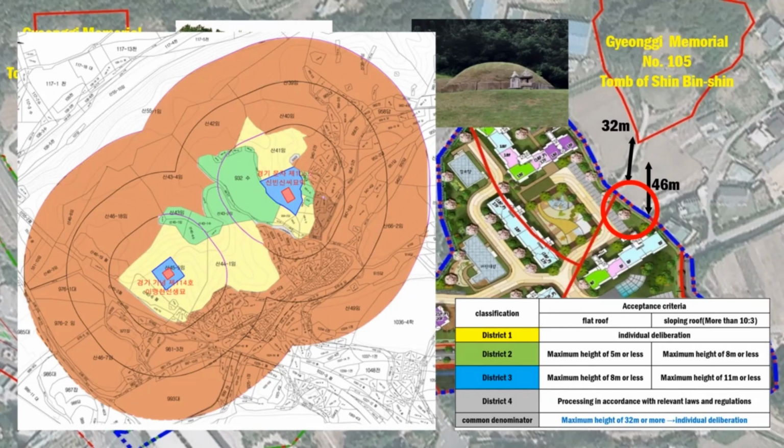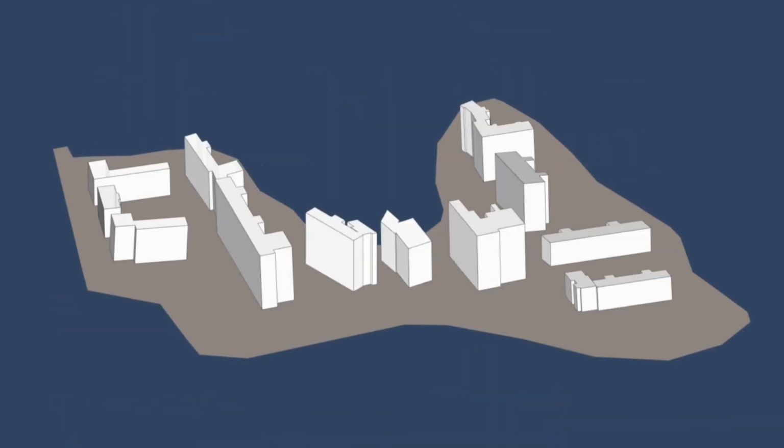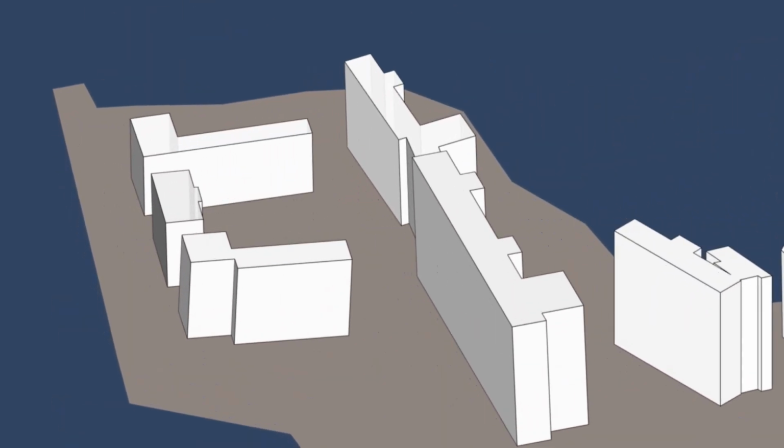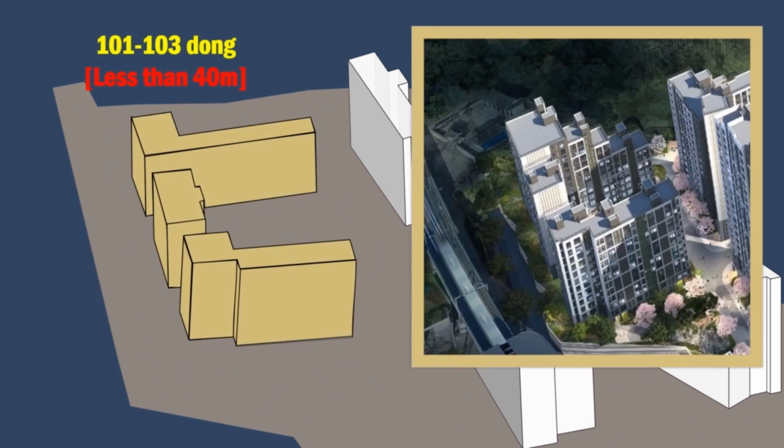All apartments located in District 4 will be handled in accordance with relevant laws and regulations such as the Namyangju City Urban Planning Ordinance, and buildings with maximum height more than 32 meters will be subject to individual deliberation. Therefore, Buildings 101, 102, and 103 facing Lee Hyun's tomb must be built lower than 40 meters tall.